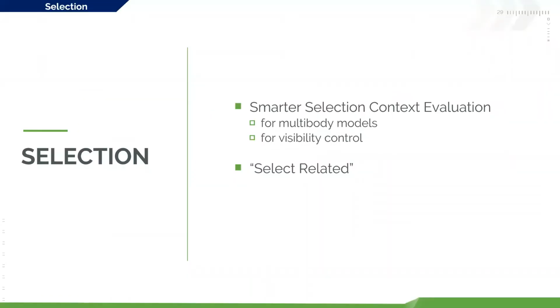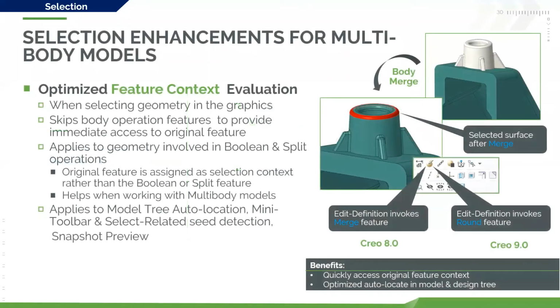Okay, so let's look at some of these selection enhancements with smarter selection context evaluation for multi-body models and for visibility controls. So again, they've optimized the feature context evaluation. So when selecting geometry in the graphics, it shows what part or what feature has been selected in the model tree.